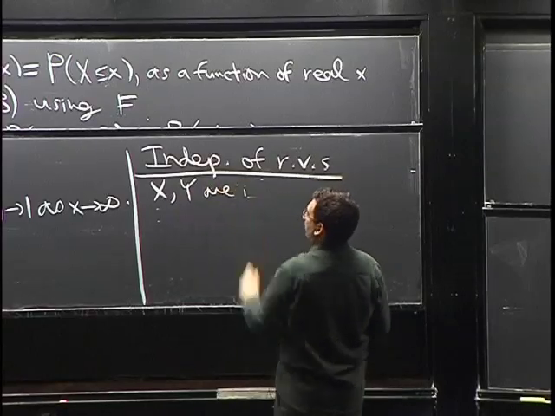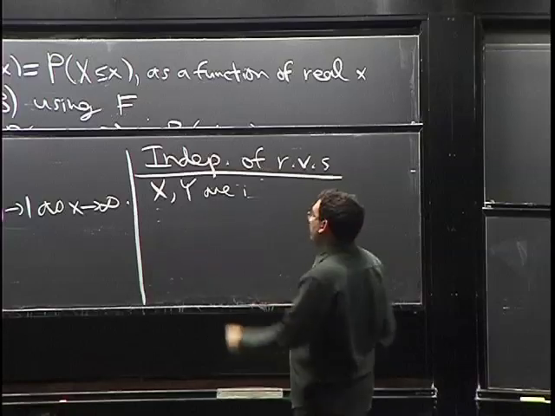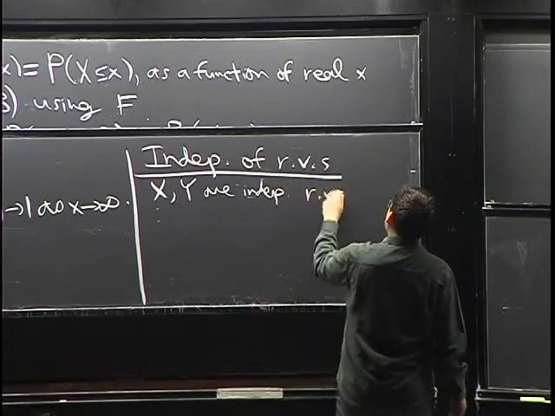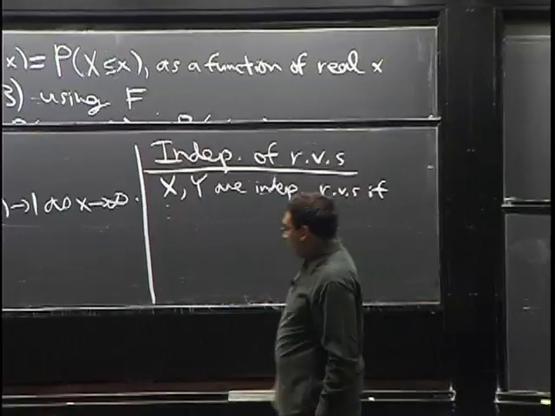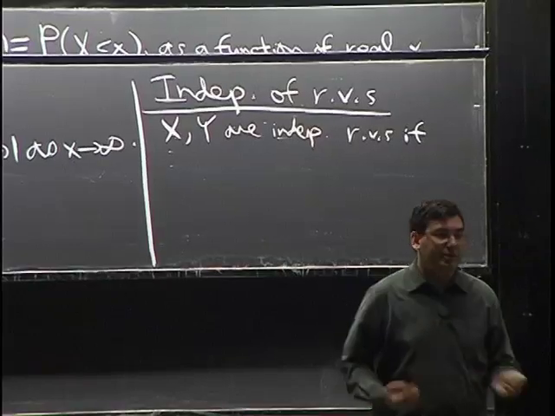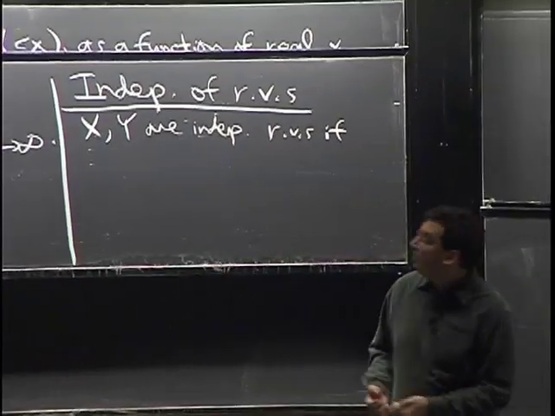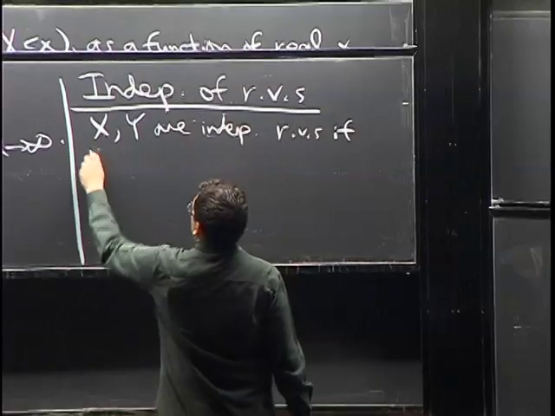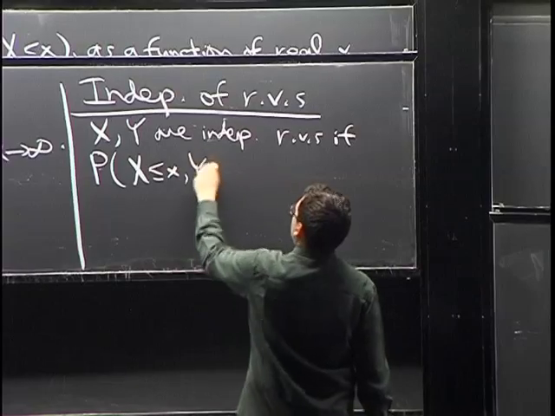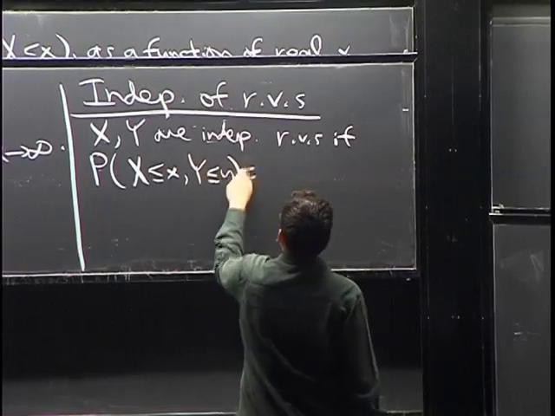X and Y, which are both random variables, are independent if, and then the idea is simply to relate random variables back to events. So we would say the probability that X is less than or equal to little x, Y less than or equal to little y, factors.